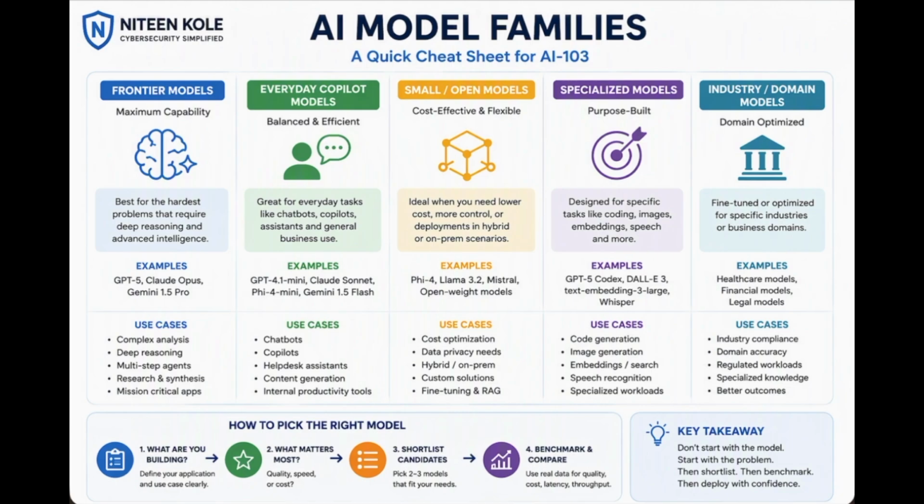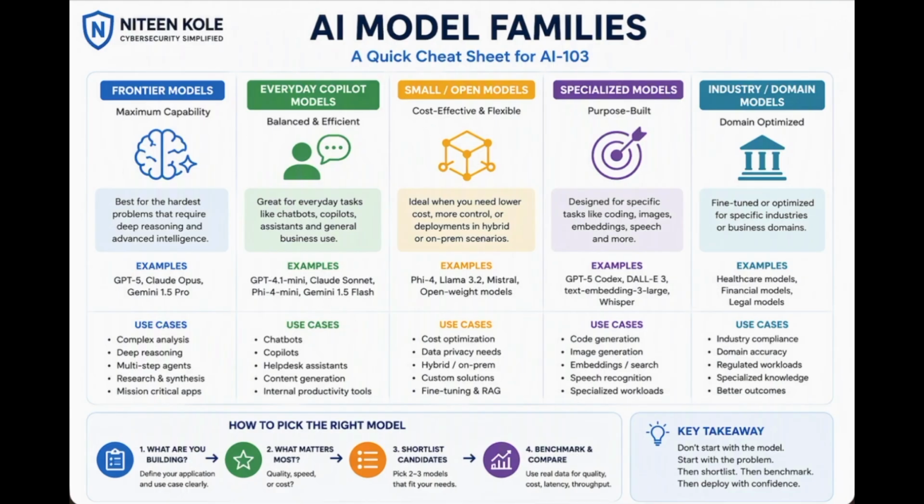Memory trick: if you need the smartest employee, think frontier models. Second are everyday copilot models like GPT-4.1 mini and Claude Sonnet mini. They're best for chatbots, copilots, help desk assistants, productivity assistants, and daily business tasks. Memory trick: most organizations start here.